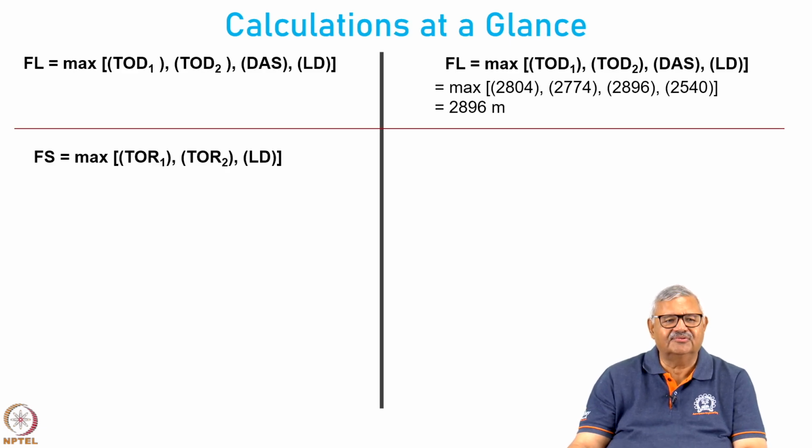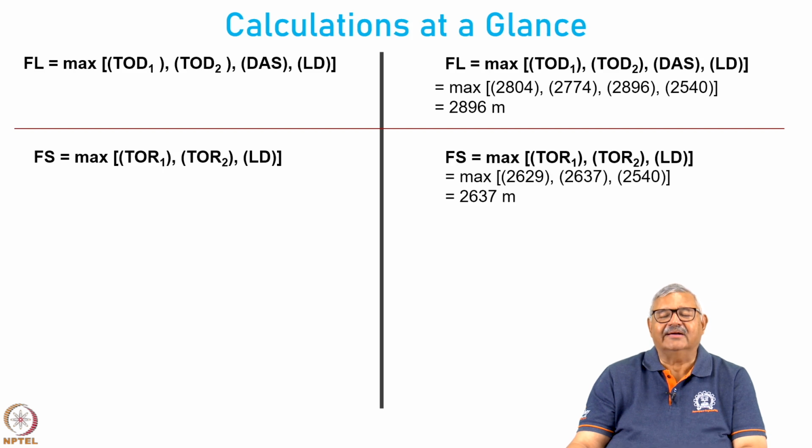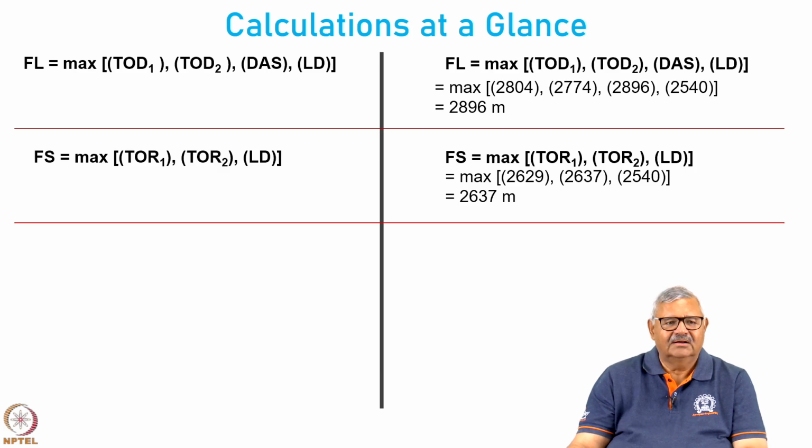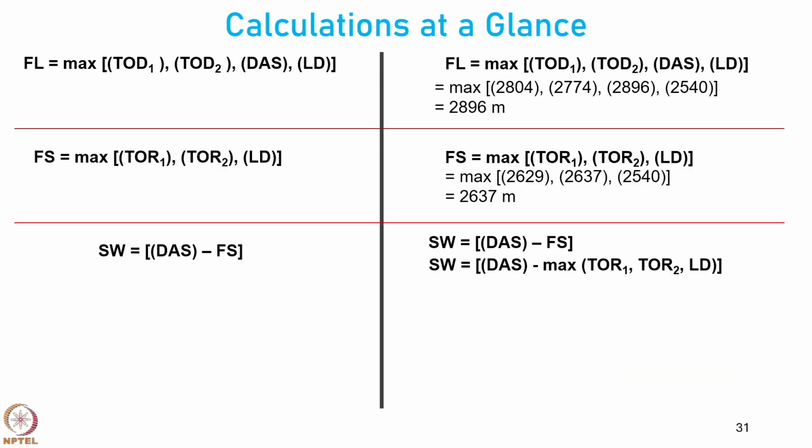The second calculation is for the full strength pavement, which was the maximum of TOR1, TOR2 and LD. So, that is basically the maximum of 2629, 2637 and 2540, which is 2637. The third calculation is the stopway, which is the accelerated stop distance minus the full strength pavement, which is the maximum of TOR1, TOR2, LD, that is the Fs, and from that you have to take out the value of DAS.